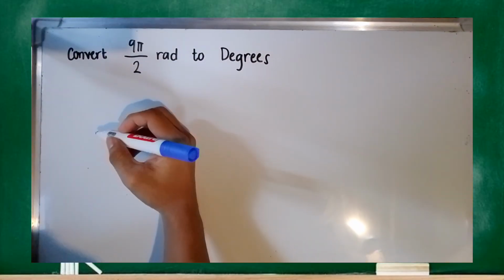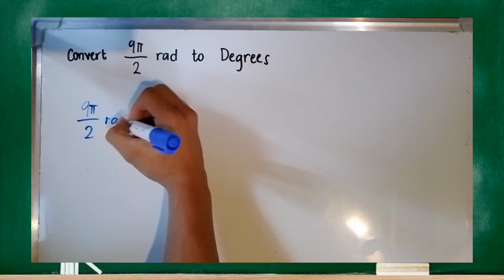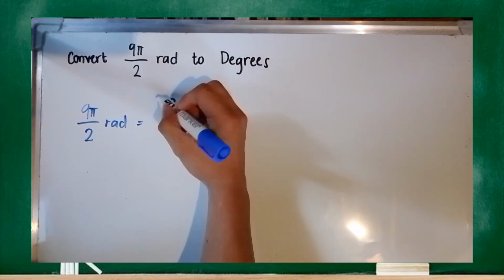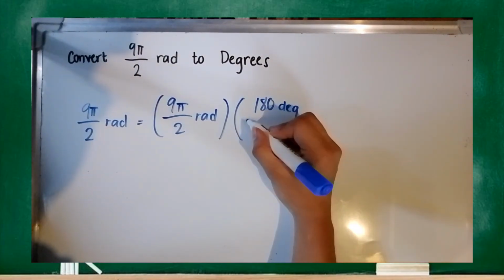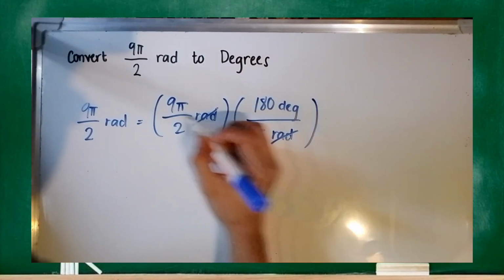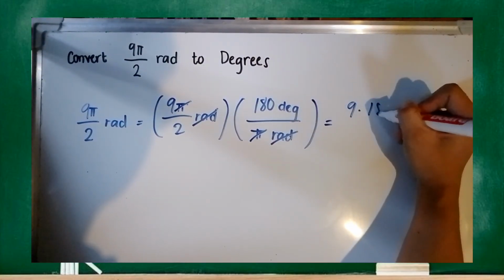How about converting radians to degrees? Convert 9 pi over 2 radians to degrees. Step 1. Use the formula and substitute 9 pi over 2. Step 2. Cancel out pi and radian, since pi and radian appear in both the numerator and denominator.